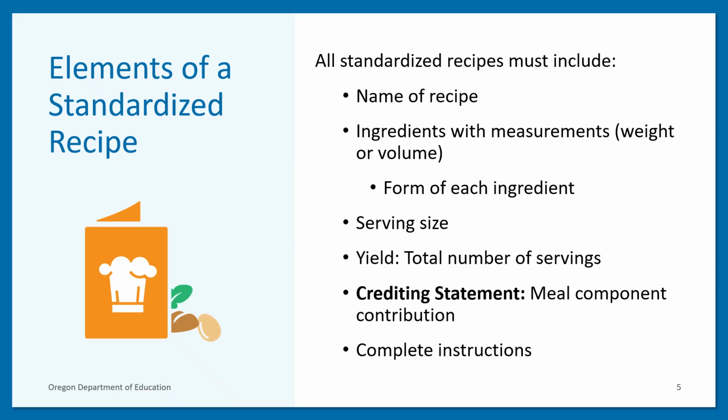Additional information required will include serving size, yield, this is the total number of servings in a recipe, the crediting statement, this is the meal component contribution, and of course, complete instructions.